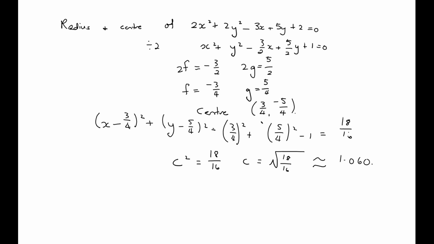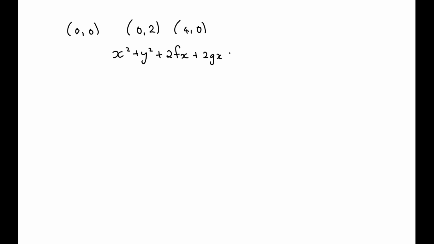You might be asked to find the equation of a circle that passes through 3 points. Say it passes through these 3 points. Then you know that it's going to satisfy the equation at each of those 3 points.